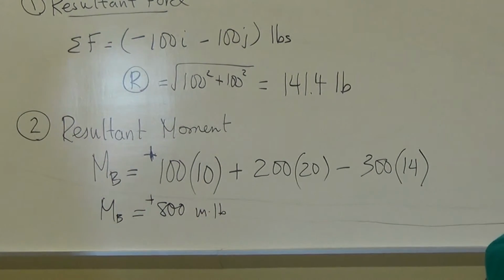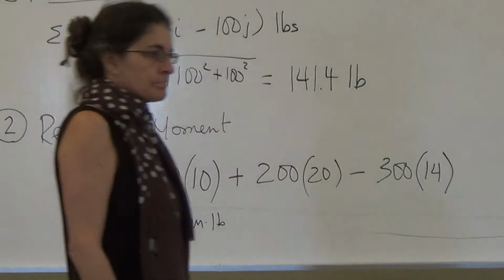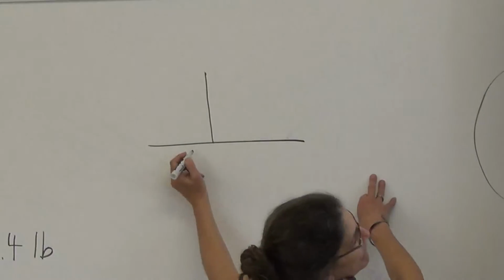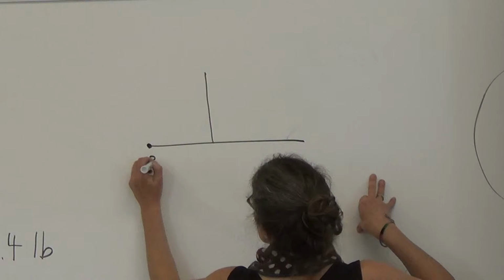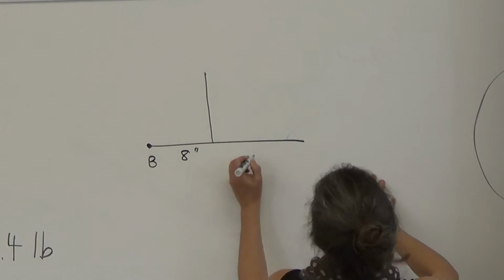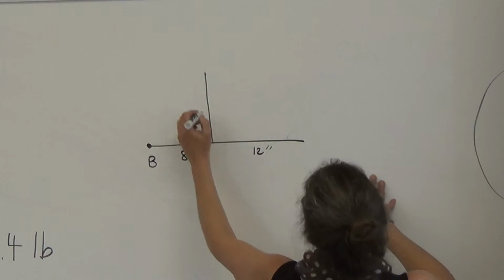Now, it's a force moment system, so what's the next step, Janae? To draw the body. Draw the body, which looks like this. And where's point B? Point B is out here. And this is 8 inches, 12 inches, 10 inches.